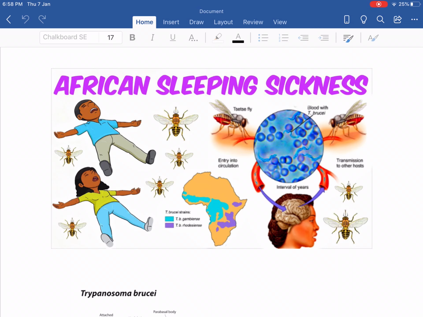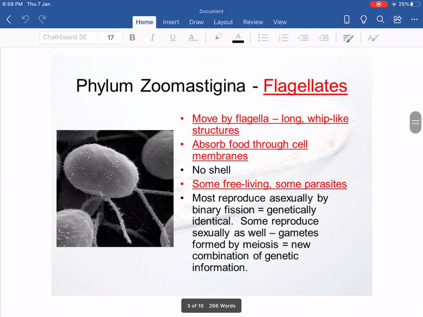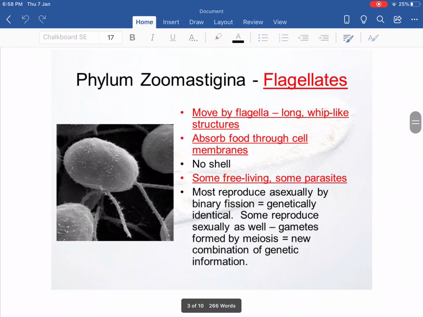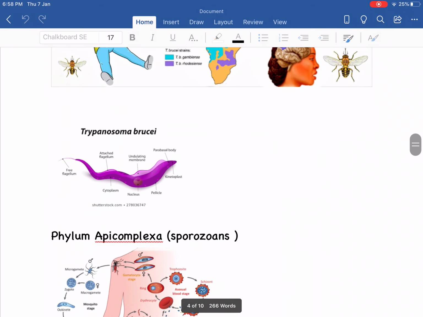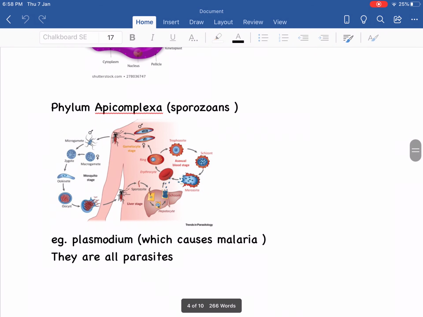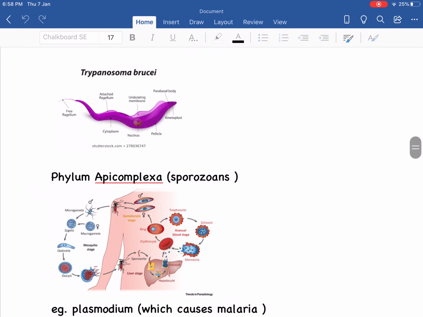The fly carries the parasite Trypanosoma. This Trypanosoma parasite is an example of an organism under the phylum Zoomastigina. This is the Trypanosoma brucei. As you can see at the left hand side, it has a free flagellum.